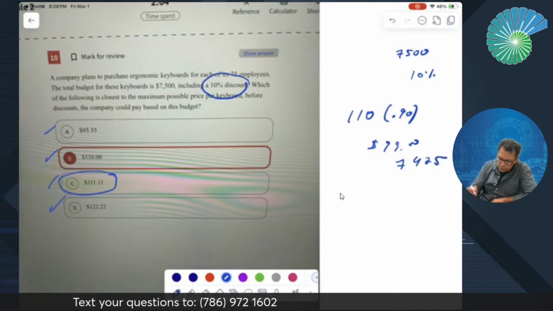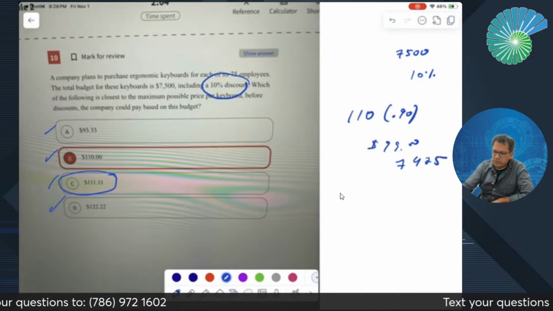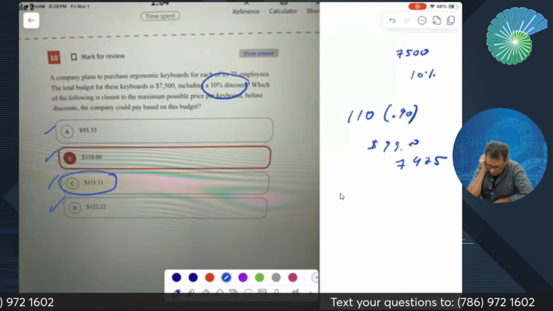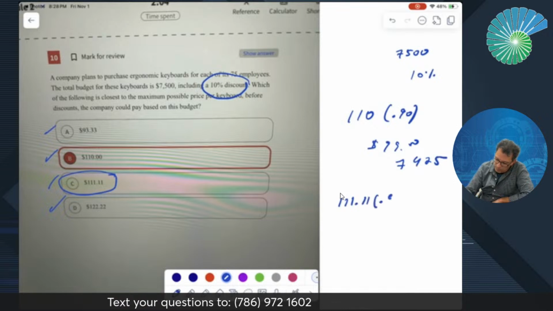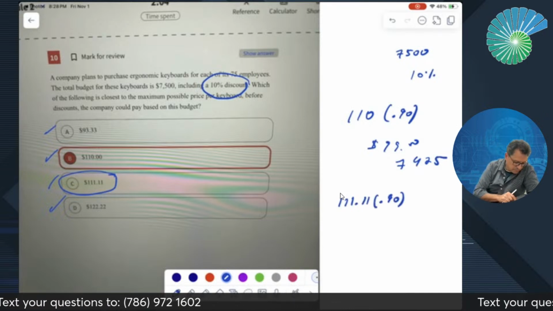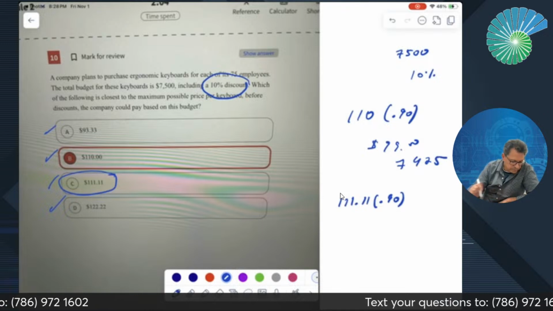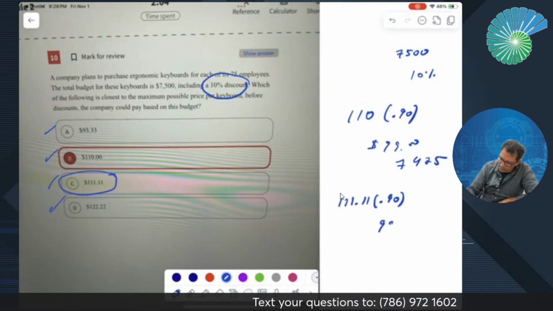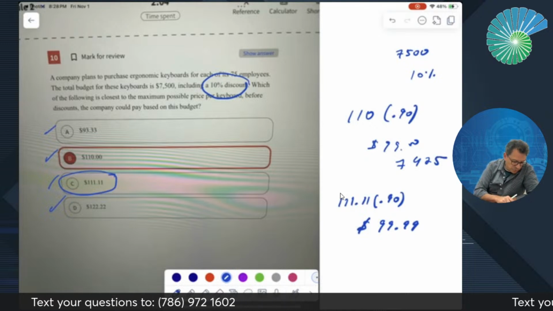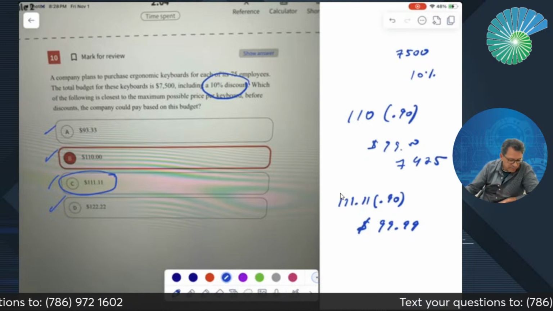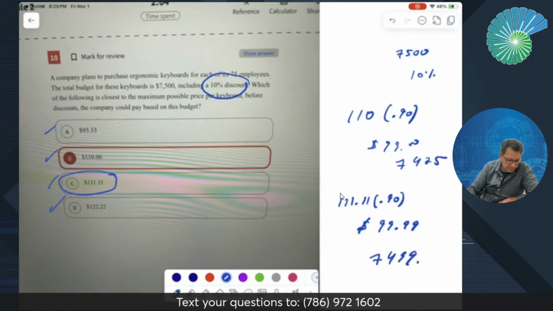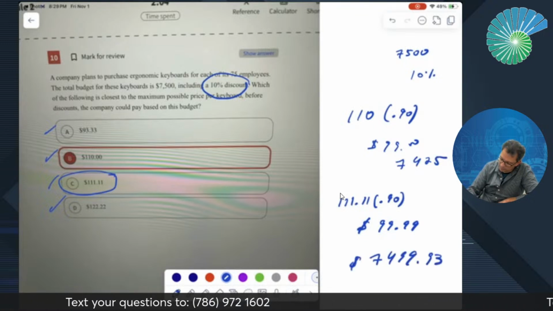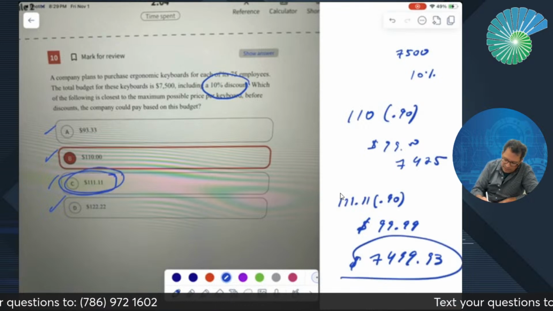And choose a keyboard whose price is $111.11. Well, I'll do the same thing. And if you do that, then after the discount, this is what you will pay per keyboard. And when you multiply that by 75, then you still have enough money. So you can go as high as this much.